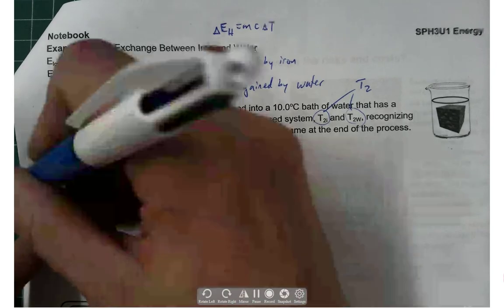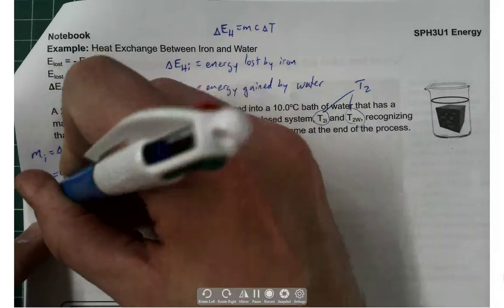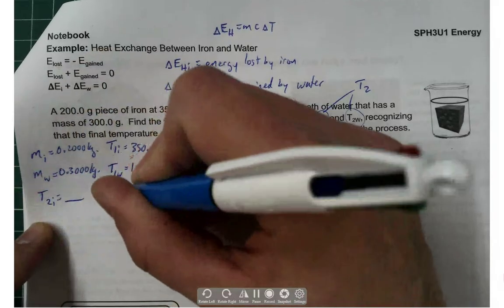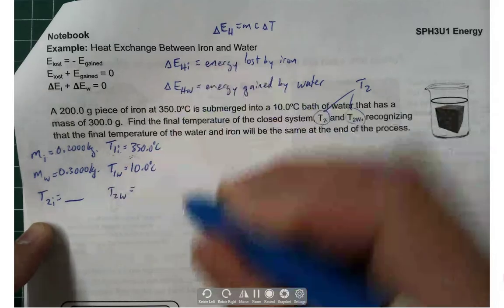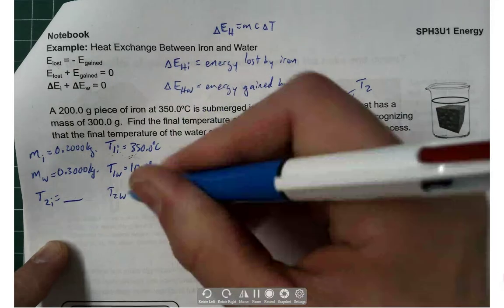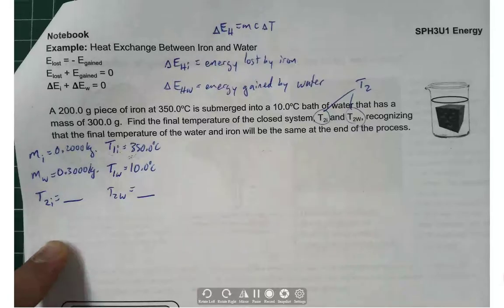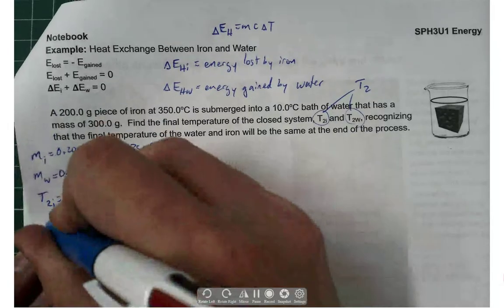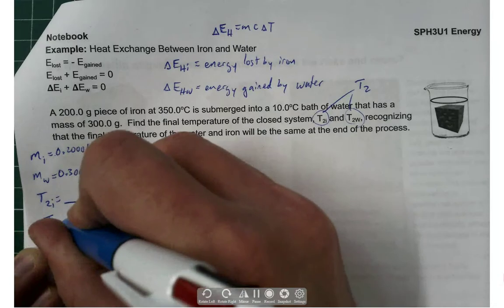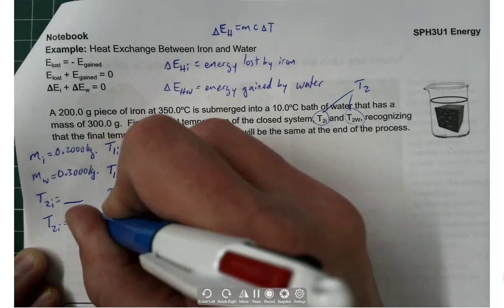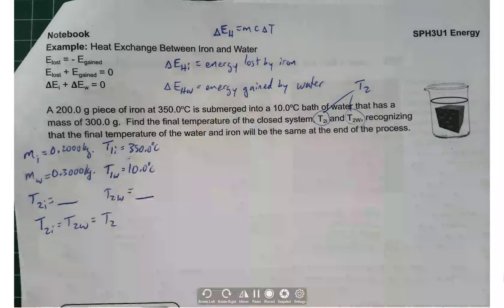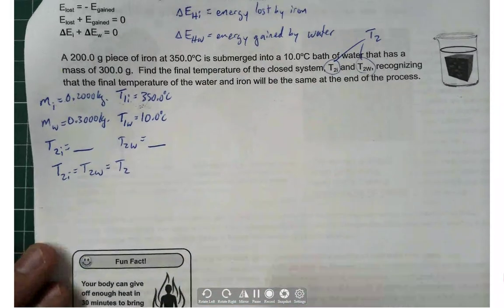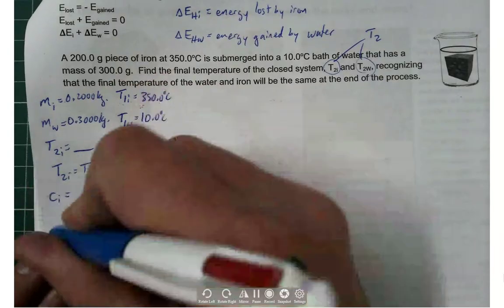So what we're looking for here is T2I blank and T2W blank. Those are pieces of information I don't know. I'll make the statement formally: T2I equals T2W equals T2. That's going to be helpful in our math. More information that I might want to look up would be the heat capacity of iron and the heat capacity of water.